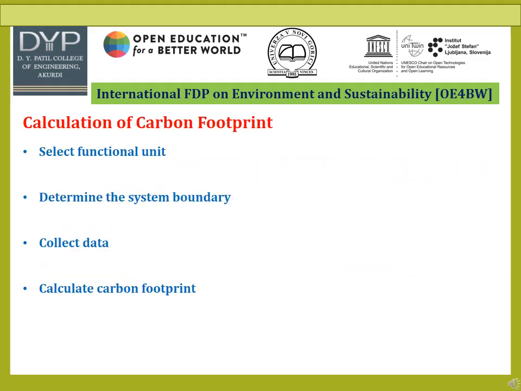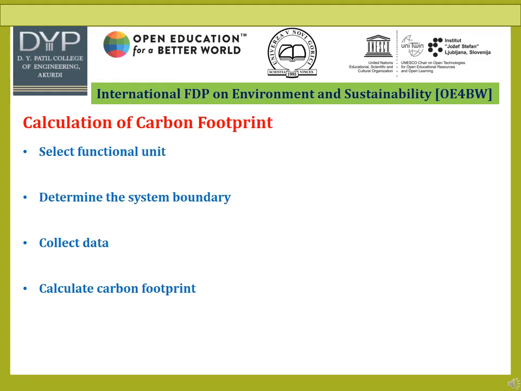Calculation of carbon footprint. The calculation of carbon footprint is divided into 4 steps. First, select the functional unit. In the LCA of a product, the functional unit needs to be identified for analysis and calculation. Second, determine the system boundary.